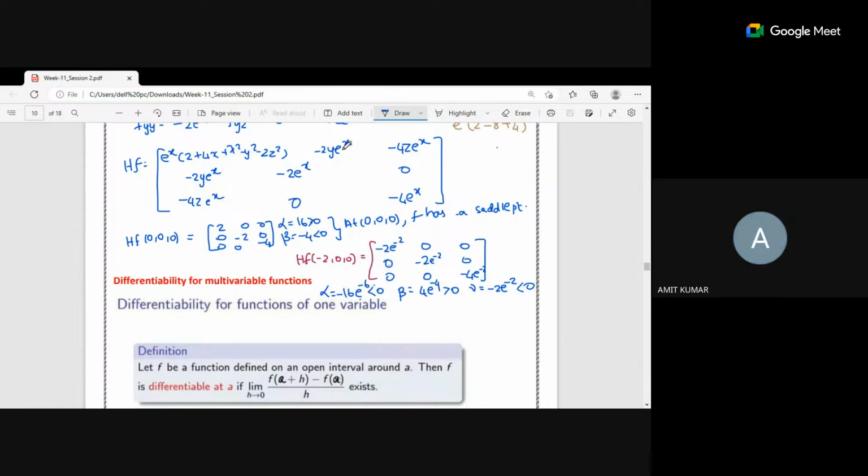If it is not continuous, then we mostly consider fyx. The Hessian test we consider only when the partial derivatives are continuous. Otherwise, the Hessian test does not make sense.